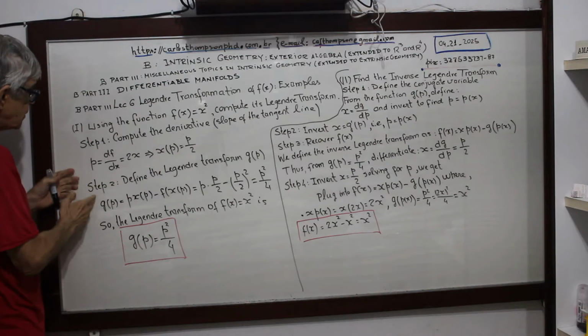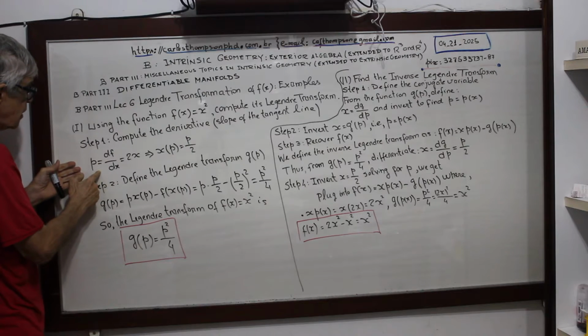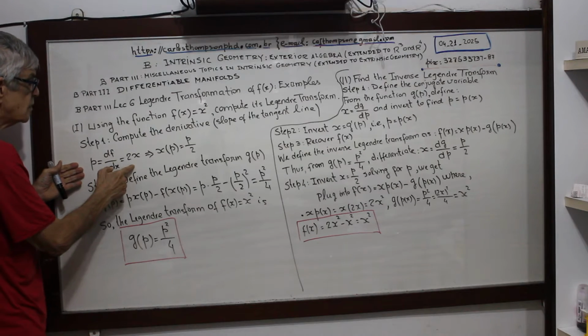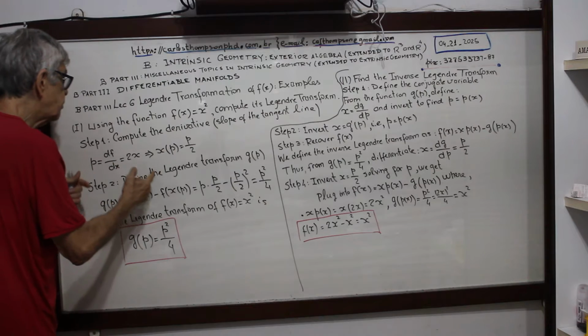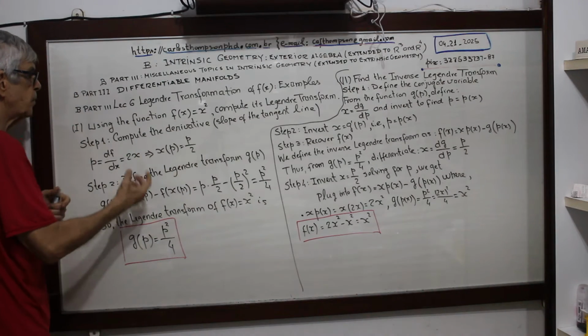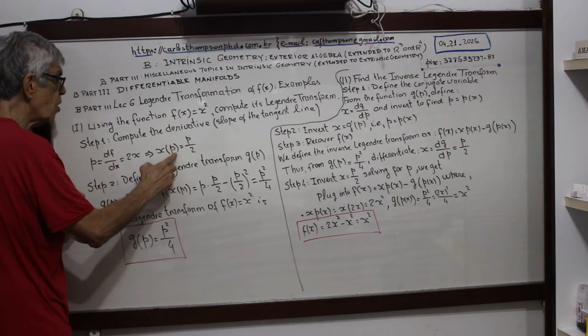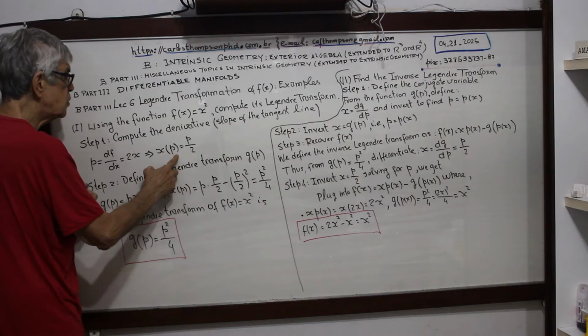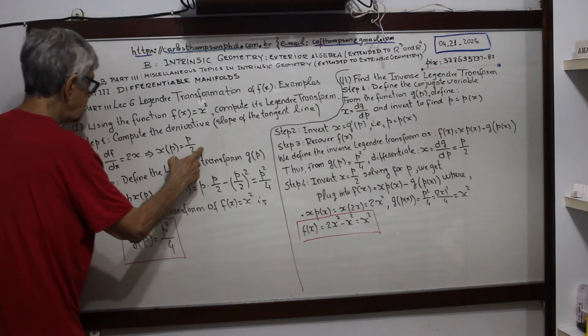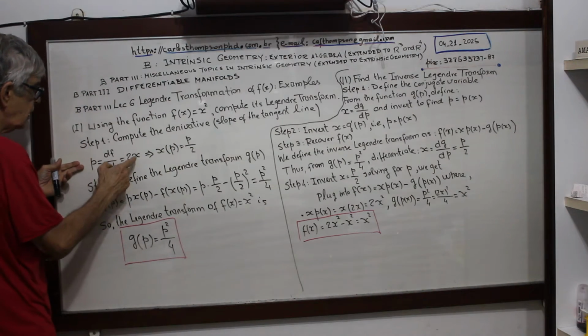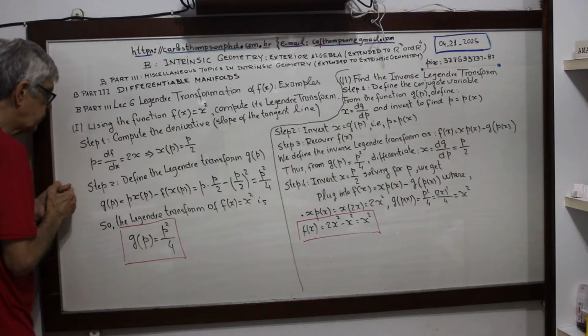Now, step 2, then I take the derivative, here is 2x. Then I invert. This is x as a function of p, which is p over 2. You see, you just isolate x over here, this is p over 2.